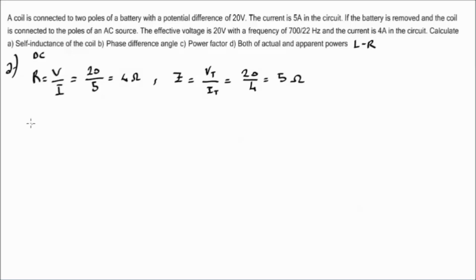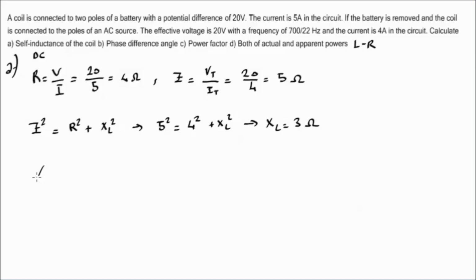Total impedance formula is Z squared equals R squared plus X squared, but in this circuit there is no capacitor, so directly XL squared. Z is 5 squared equals R 4 squared plus XL squared. And the XL is going to be 3 ohm.